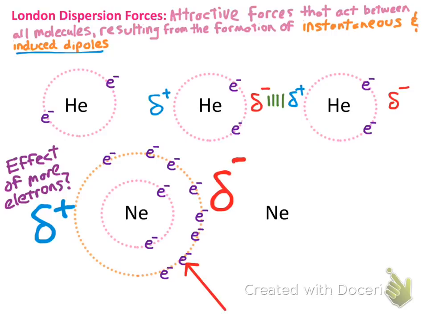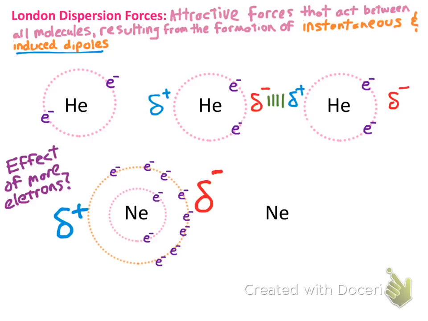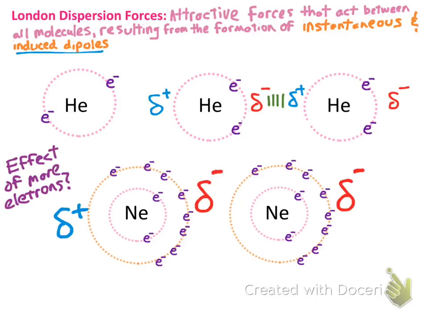How would this instantaneous dipole affect another neon? Well, let's just make this cartoon a little bit smaller so that we have room to illustrate this point. It would in turn have a greater influence on the relative electron distribution of another neighboring neon, therefore creating a more prominent induced dipole, therefore creating an even greater attraction between the partial negative and partial positive sides of this atom.